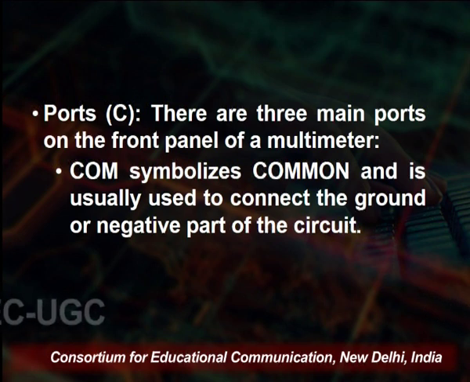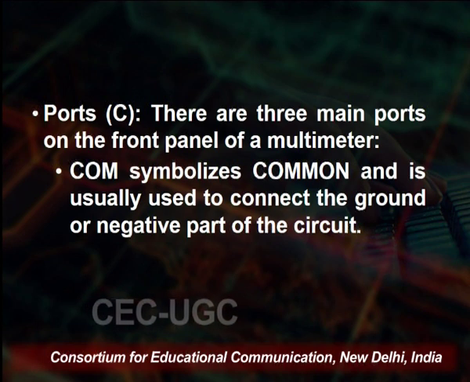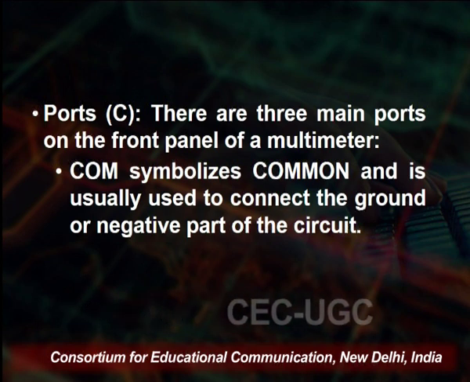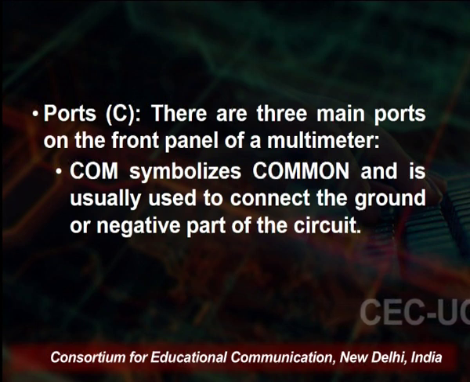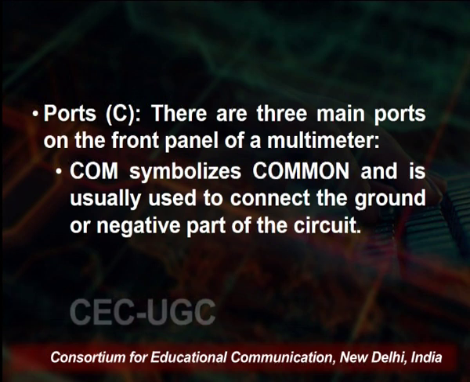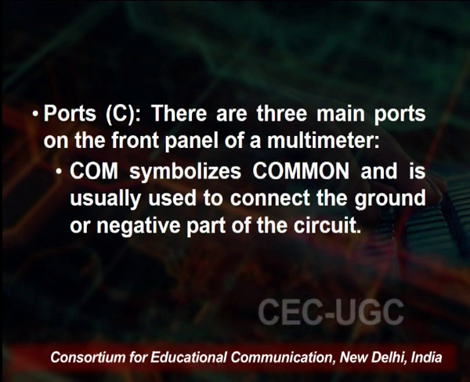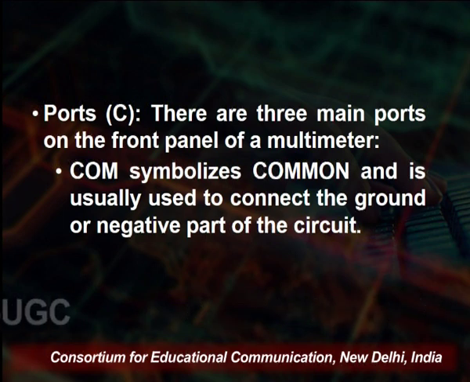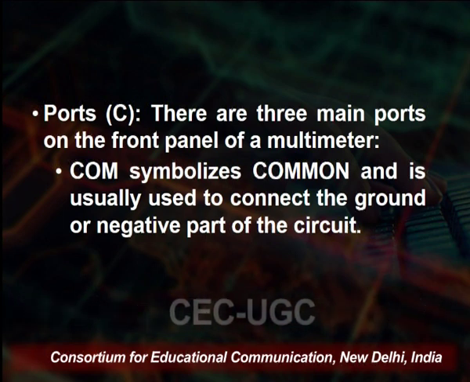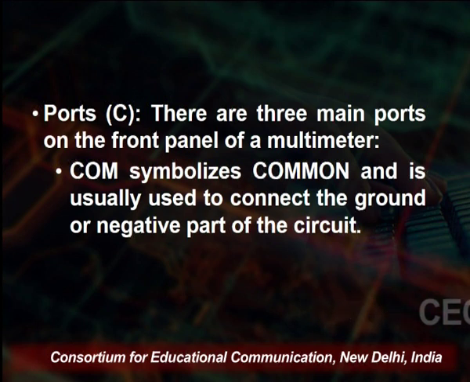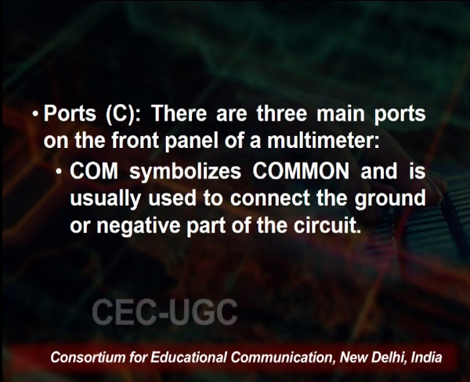Another is the port. There are 3 main ports, used according to which parameter we are measuring. In the front panel of the multimeter, there are 3 main ports. First is the COM, that symbolizes common. COM means common port, and is usually used to connect the ground or negative part of the circuit.